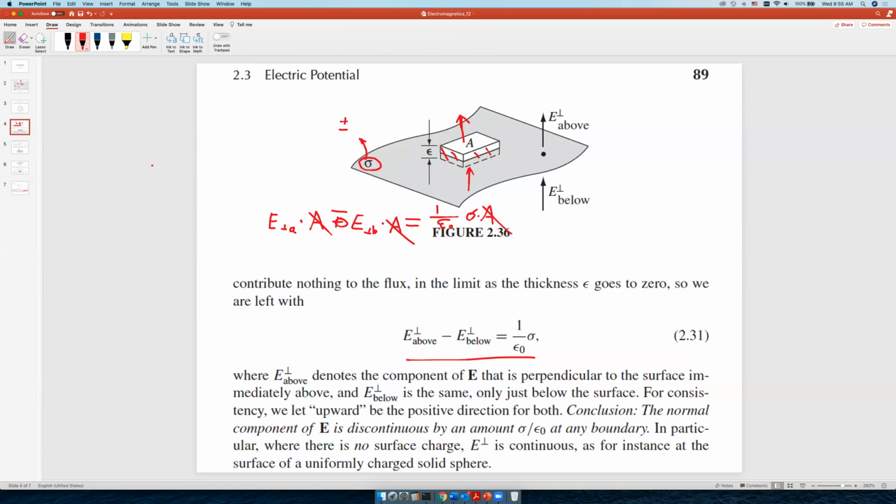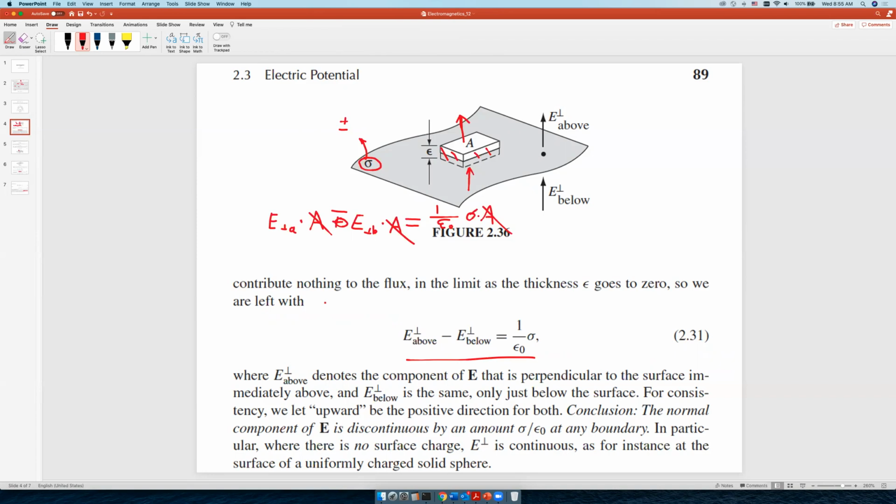A general summary: on a charged surface, if there is some charge density on the surface, then for the electric field there might be a jump or discontinuity due to the charge distribution.